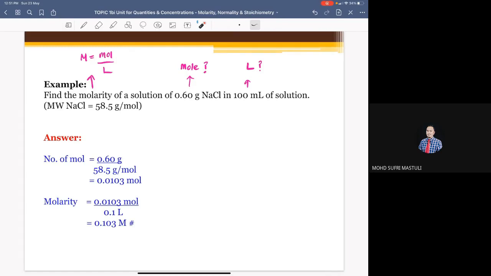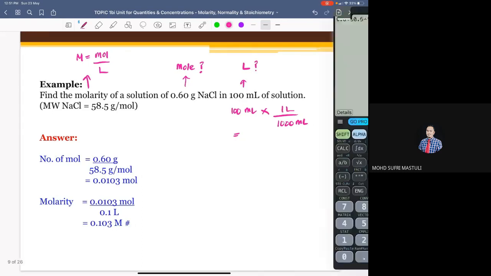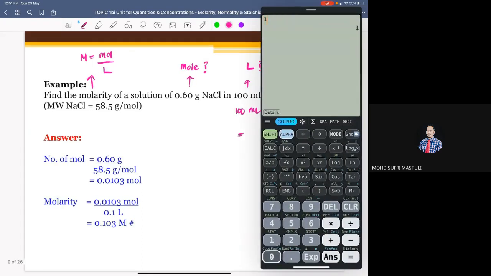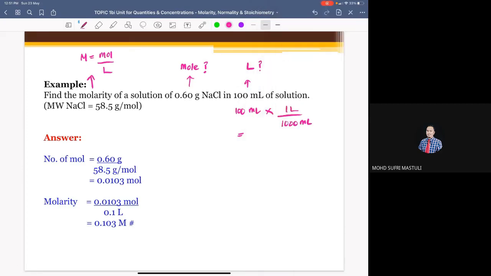So you already obtain a mole, and then you convert this volume from milliliter to liter. Okay, so 100 ml times 1 liter equivalent to 1000 ml, so 100 over 1000, 0.1 liter.